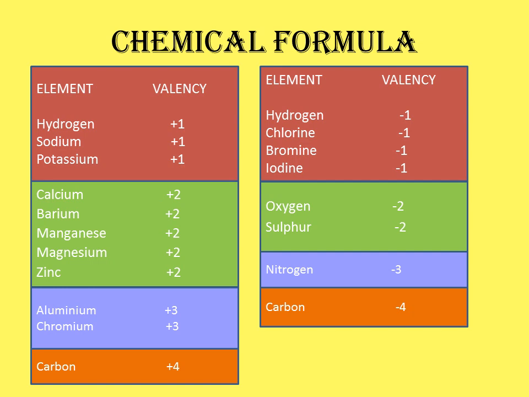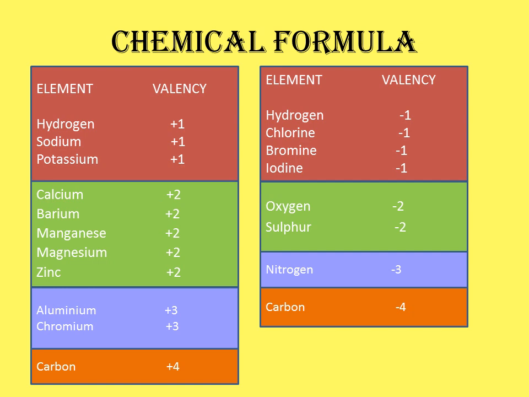We know that carbon has 4 electrons in its valence shell, so it can neither gain nor lose electrons. It shares electrons. That is why we consider both plus 4 valency and minus 4 valency for carbon. We will see in which case we take plus 4 and in which case minus 4.